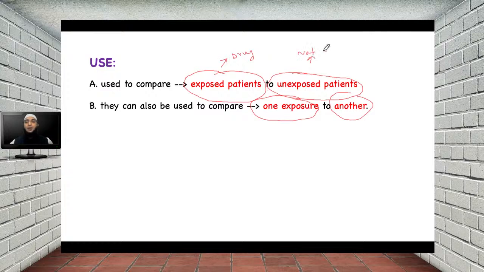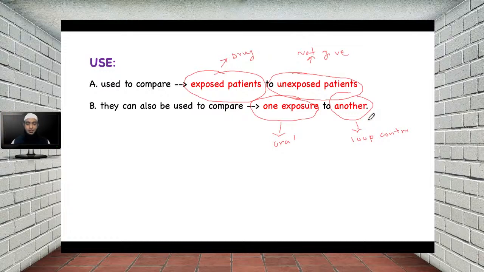But in the second example, one exposure to another exposure, one group is given the oral contraceptive, and the other group might be given another type of contraceptive, maybe the loop contraceptive. So this is called one exposure, and the second one is another exposure.